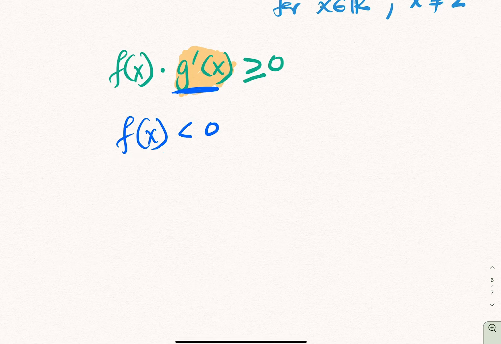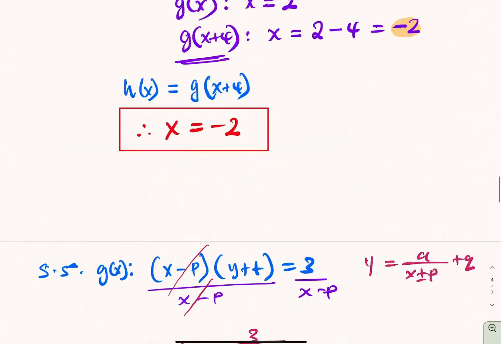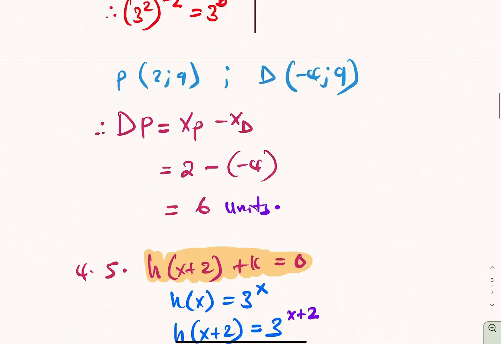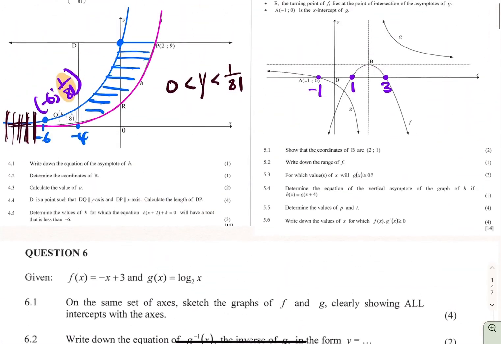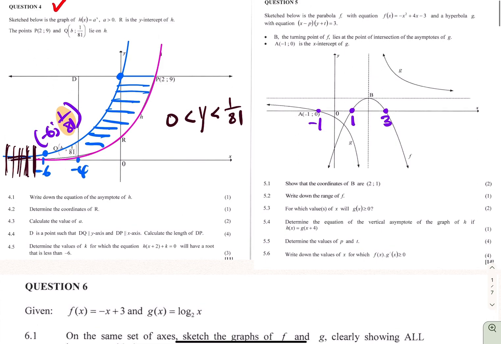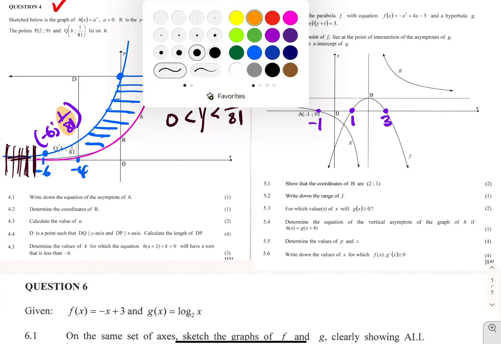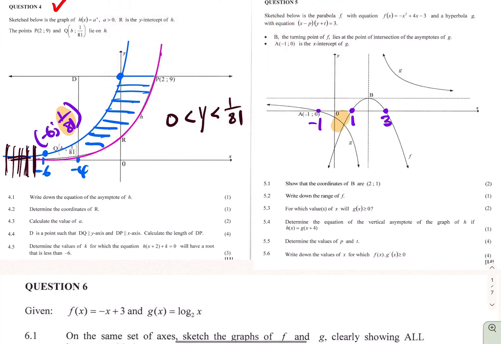So I'm going to go to my graph and check where f is below the x-axis, which means negative. If you observe carefully, you will see that this graph is negative right in this direction. This is where the graph is negative, for x less than or equal to 1.